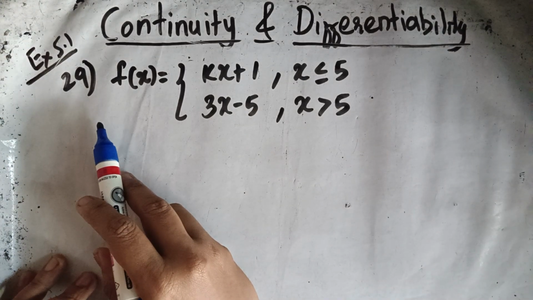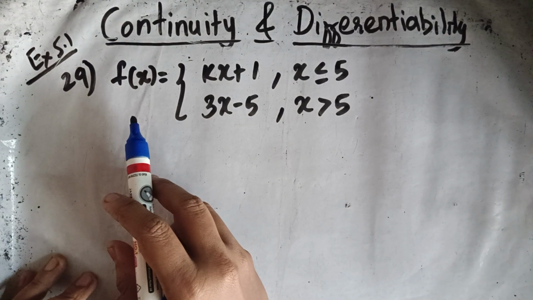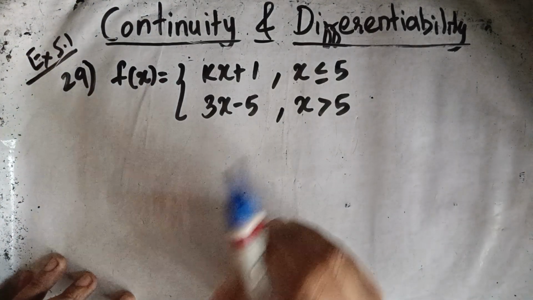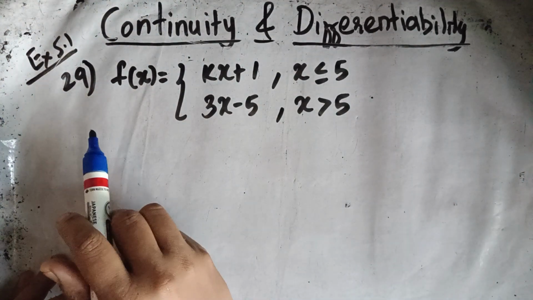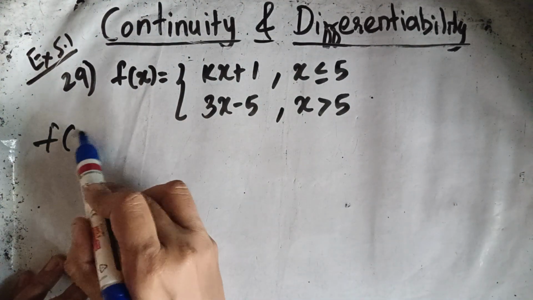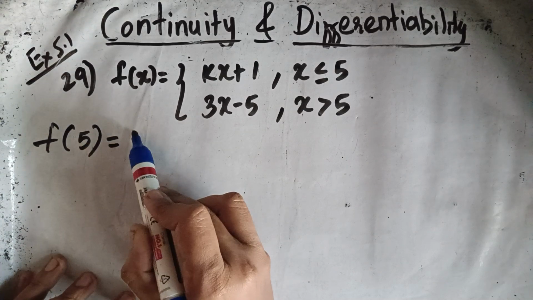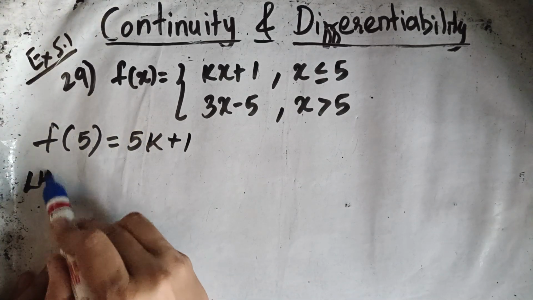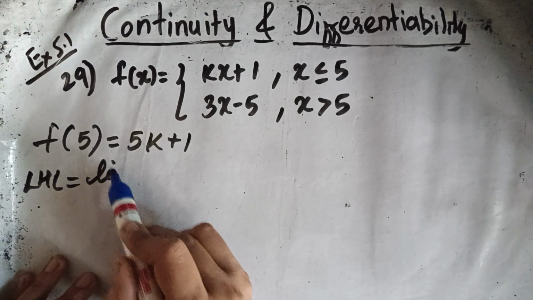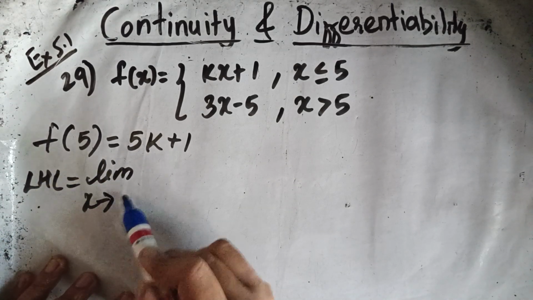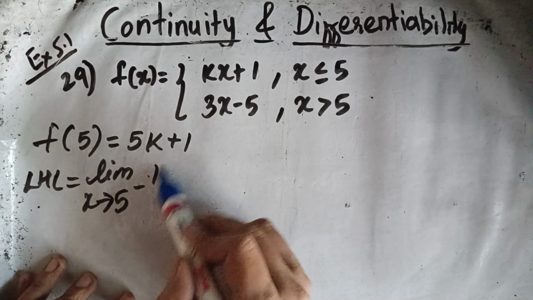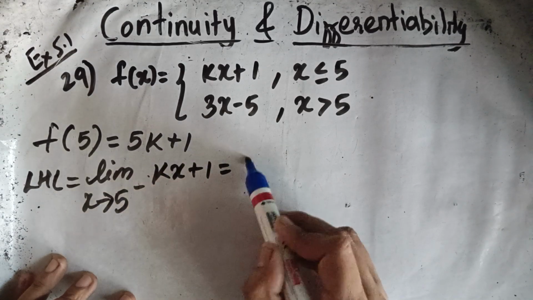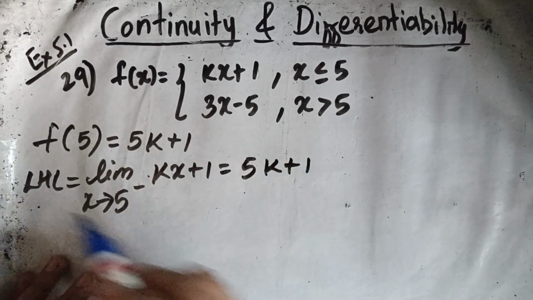So next question, f is given continuous at x equal to 5. Same way you have to do it. At 5, it is 5k plus 1. Left hand limit is x tends to 5 minus, it is kx plus 1, so you get 5k plus 1.